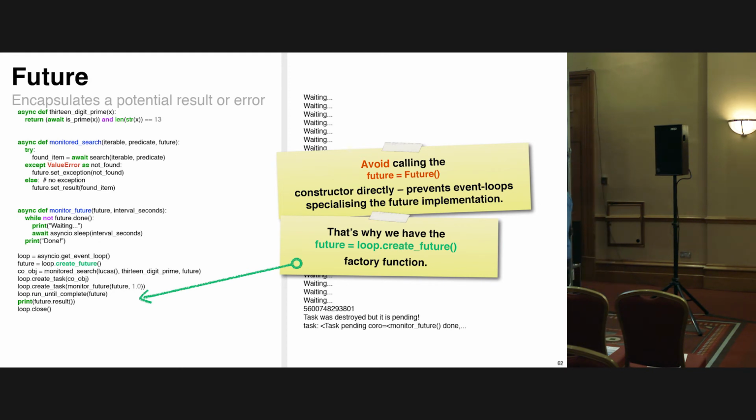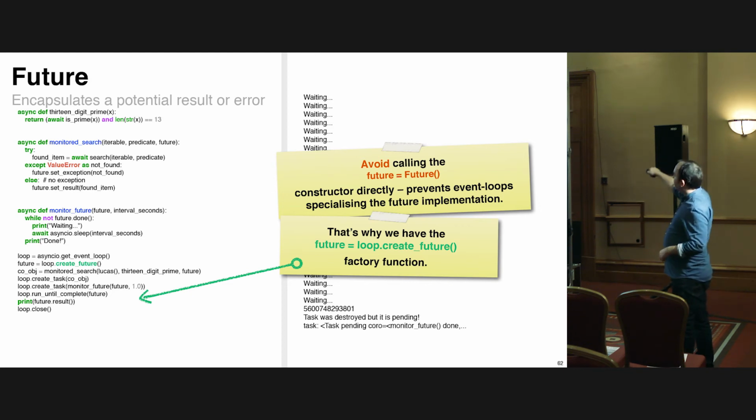Confusingly, create task in async IO doesn't just create the task. It creates the task and schedules it for execution. Okay? So when you call create task, it's actually going to start running that task, which I find the naming a little odd there. Then I create the monitor future task and tell it to poll the future every 1 second, and then we run until complete.